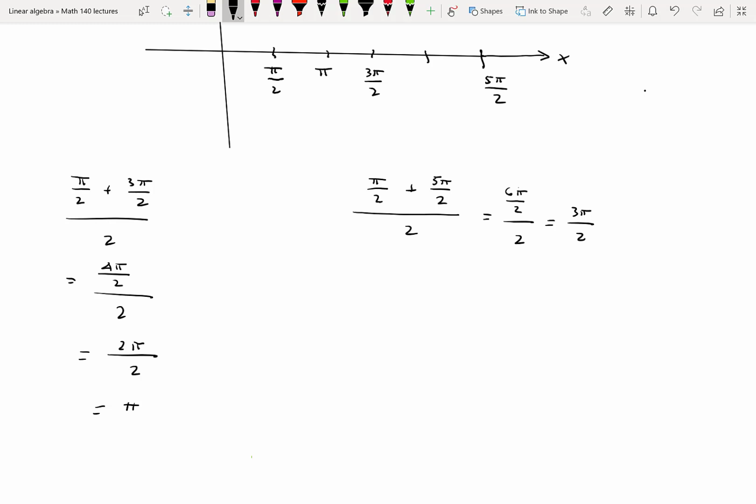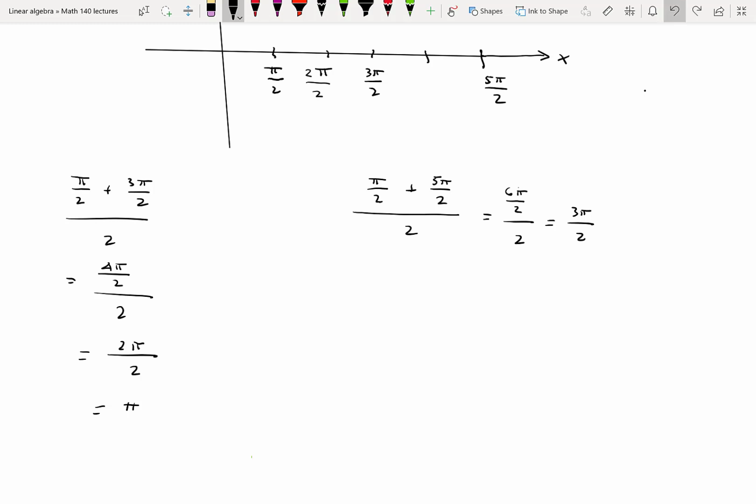Now, to get that third point, you can get a little tricky to get it right away. That pi that I just put there, you could write as 2 pi over 2, and there's a pattern there. 1 pi over 2, 2 pi over 2, 3 pi over 2, 4 pi over 2, and then 5 pi over 2, of course, to end things up. Now, you don't have to use that trick.